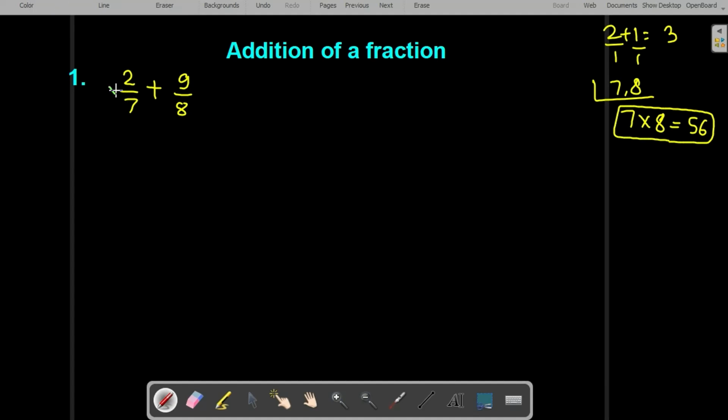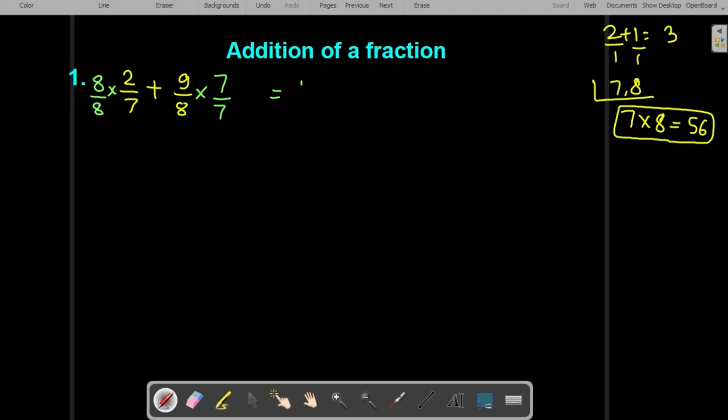So what can we multiply 7 by to get 56? 8, and here as well 8. Whenever we multiply the denominator, we have to multiply the same number in the numerator. Here we multiply by 7 to get 56, and this is also multiplied by 7.